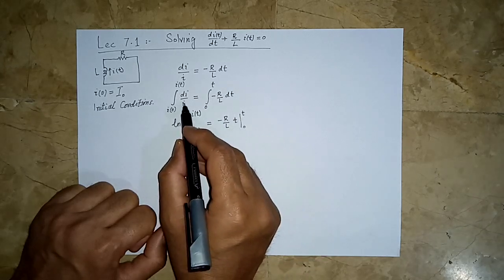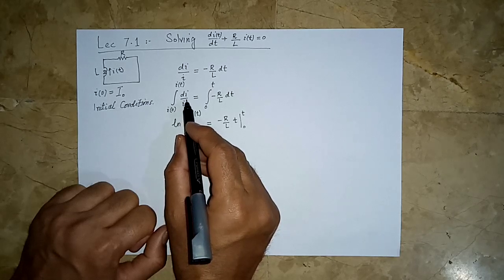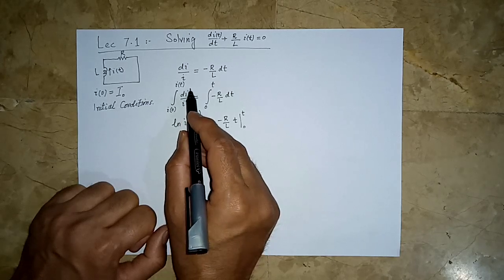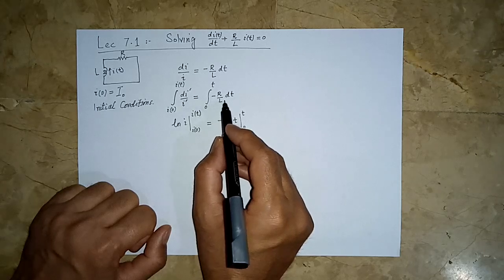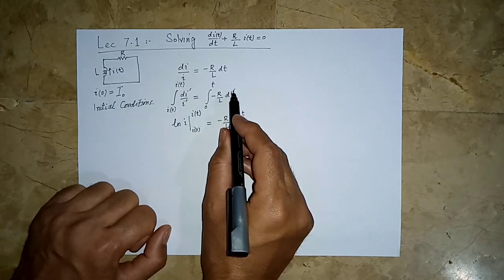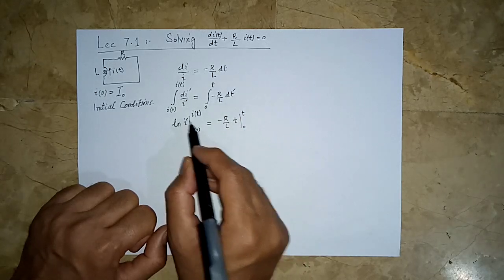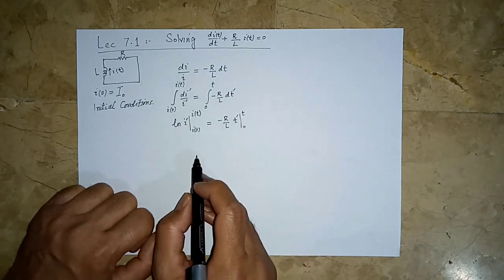And I forgot that the mathematics community does not like the use of the same variables within the integrals as in the limits, so we can change it like this.